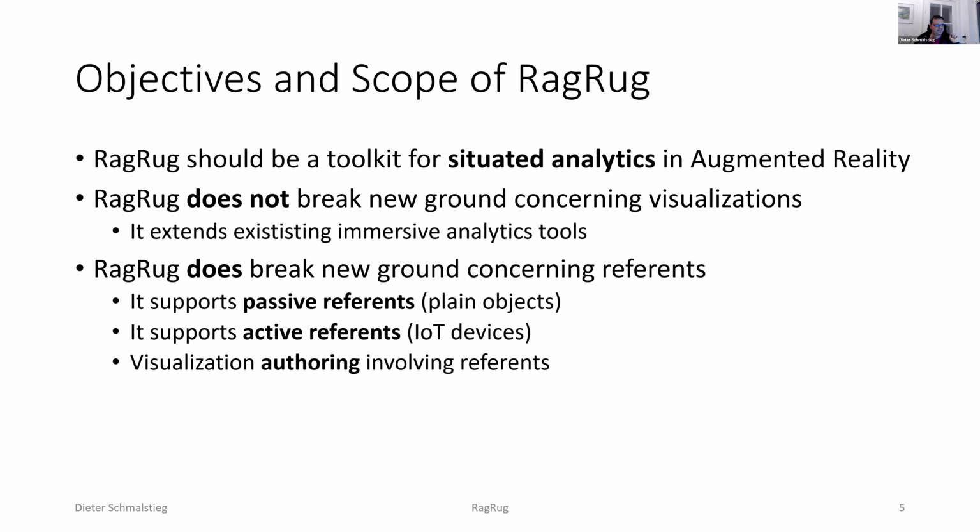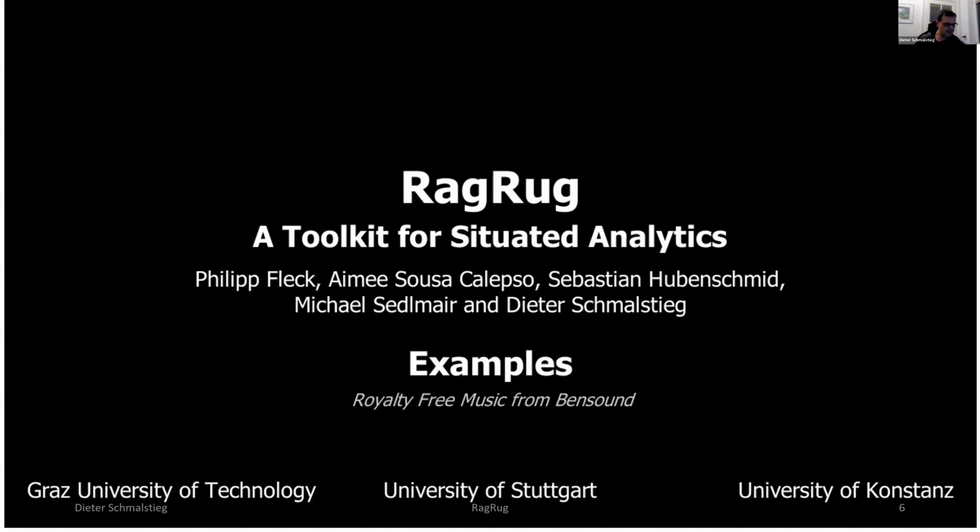When I talk about situated visualization, situated analytics, and there are visualization experts in the audience, I always have to emphasize it doesn't break new ground concerning the kinds of visualizations it delivers. It extends existing immersive analytics tools, but it does break new ground concerning reference, because it supports both passive and active reference and visualization authoring involving those references. And now is the time.